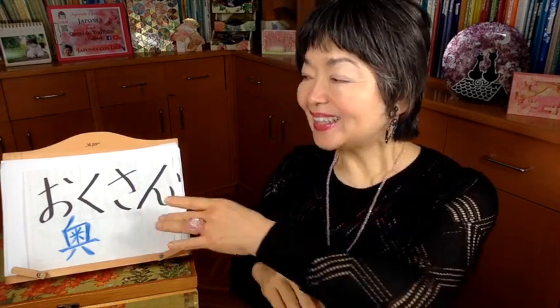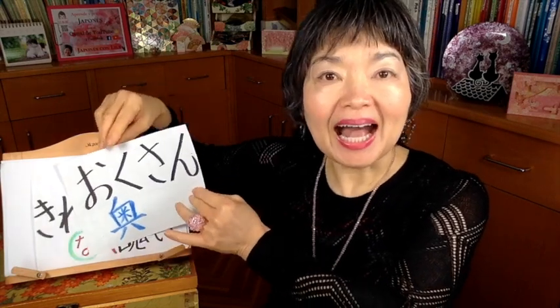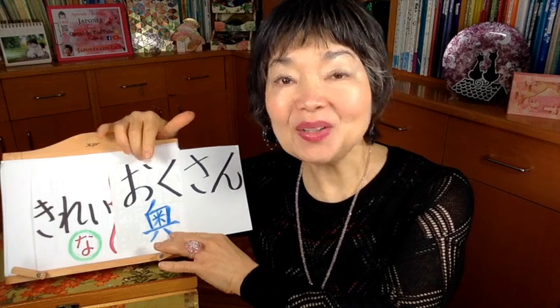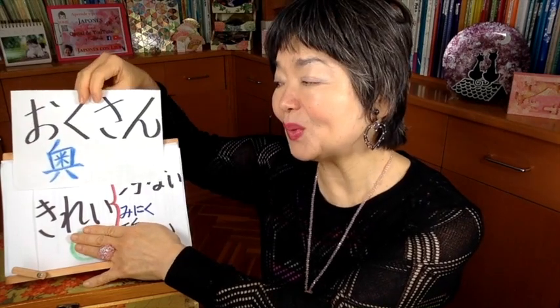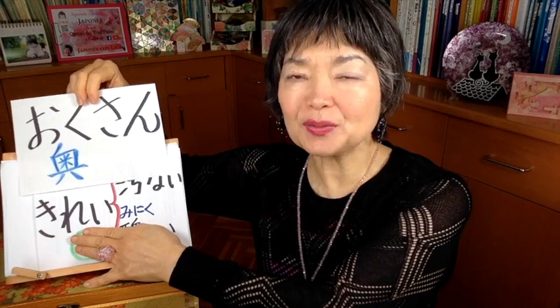So I can say, あなたの奥さんはきれいですね. Your wife is beautiful.